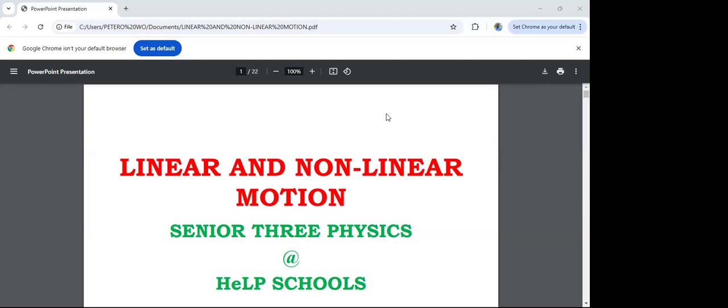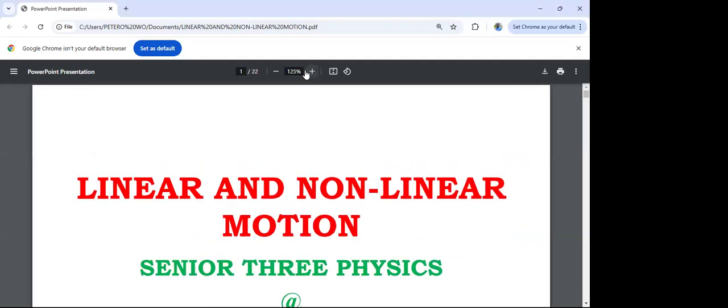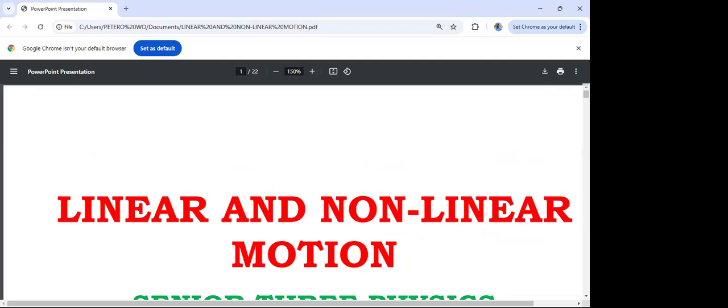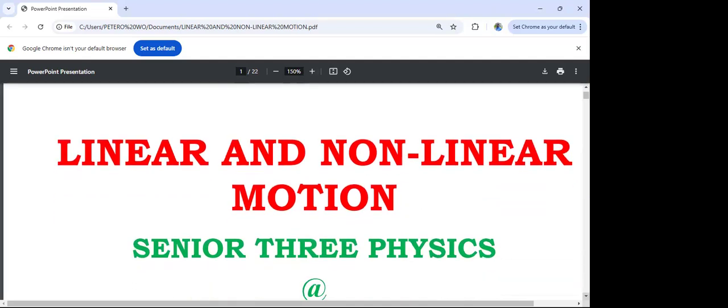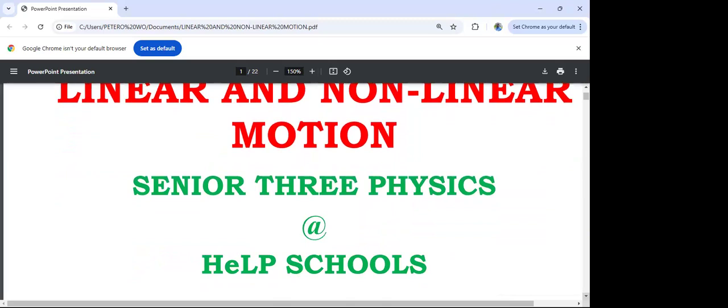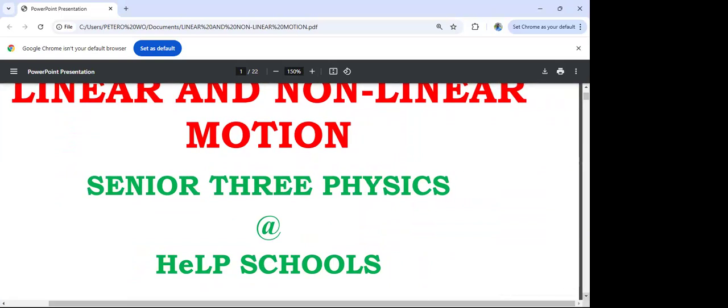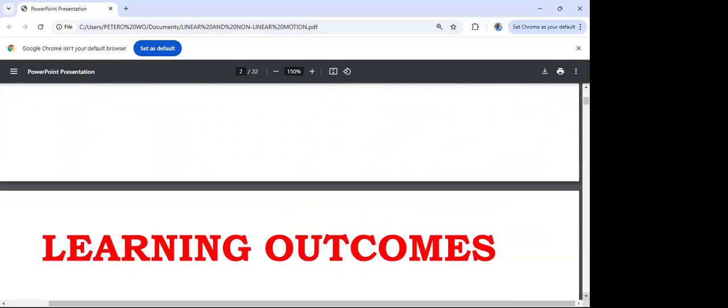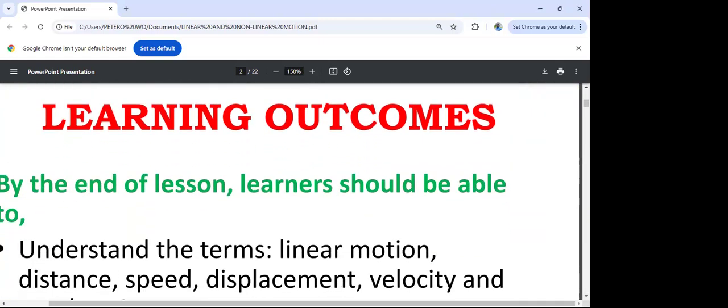These are the things we are going to be seeing one by one, and by the end of the lesson, these are the things that we expect to see or to be sure of.